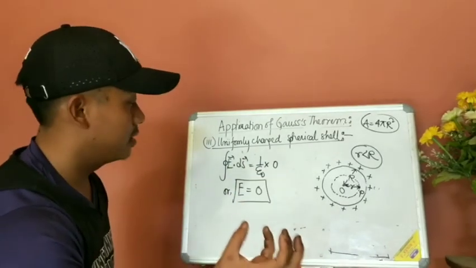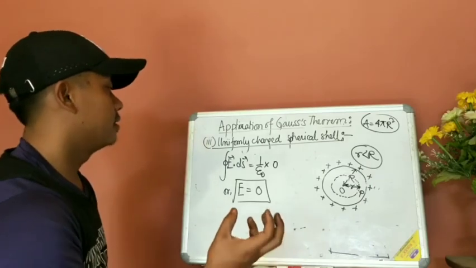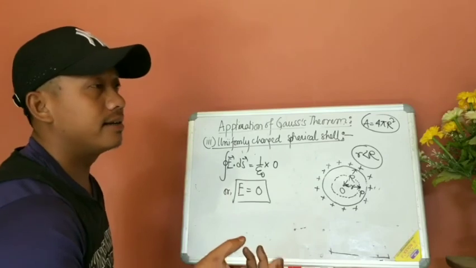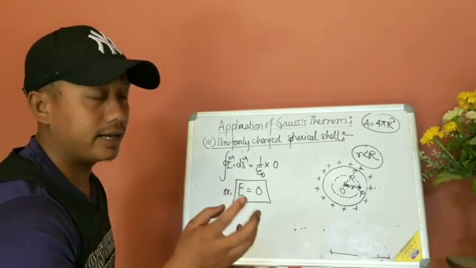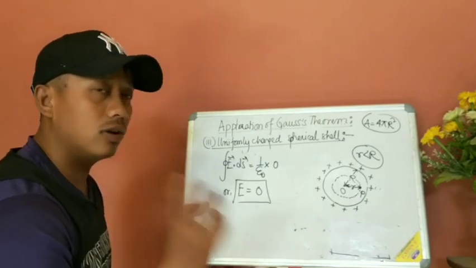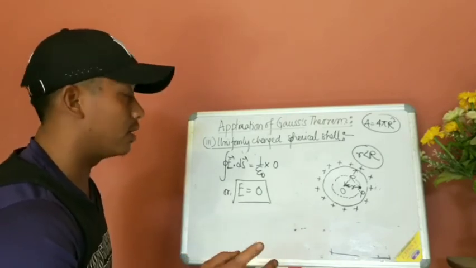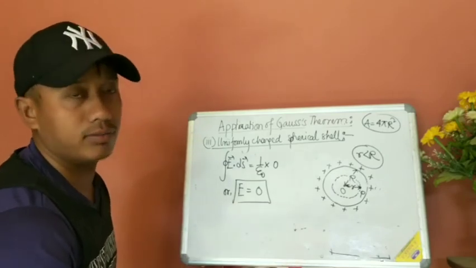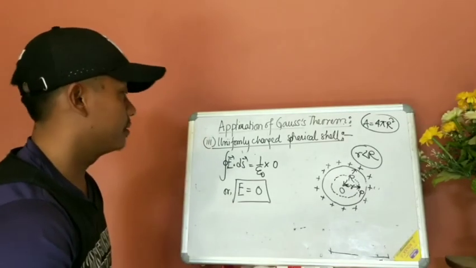That is known as electrostatic shielding. So remember, the electric field inside a charged spherical surface should always be 0. Why? Because as I told you, charges reside only on the surface of the body.